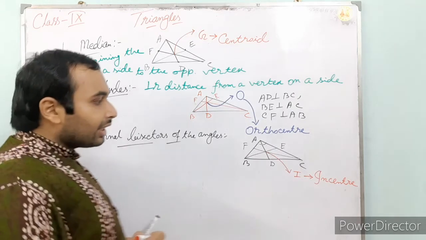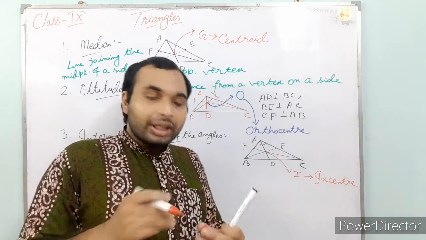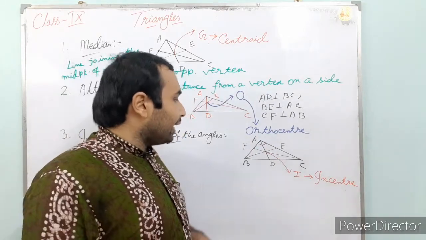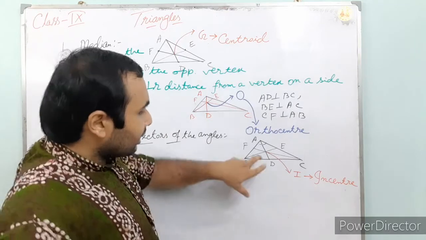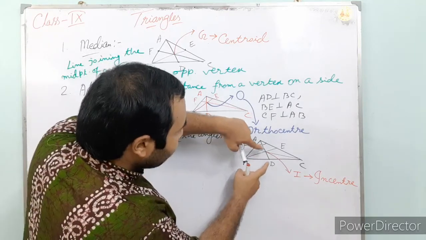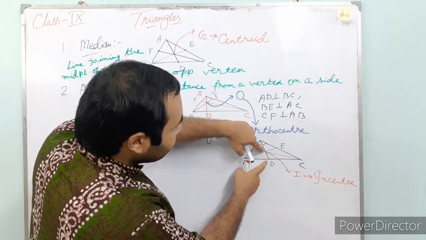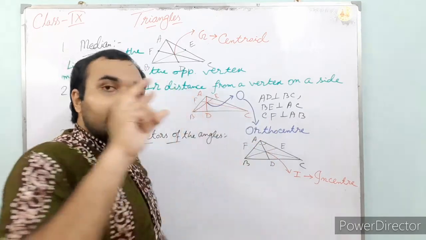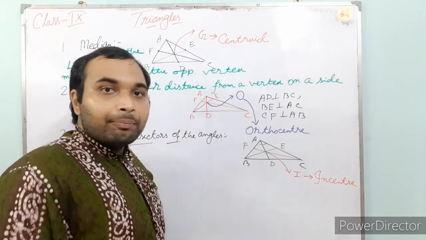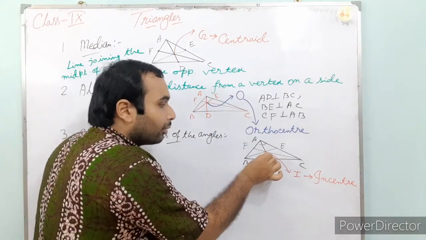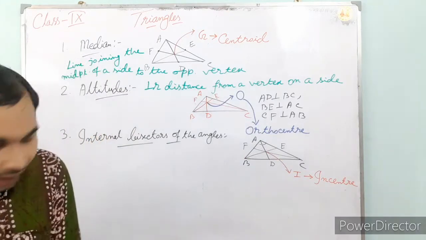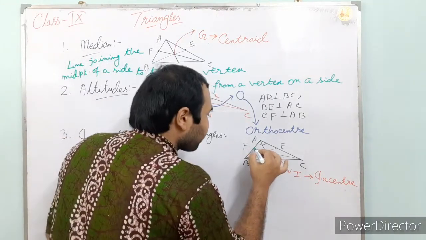Why is it the incentre? Because whenever you draw the angular bisectors here and then take the radius of this, that is ID or IE or IF, if you take that radius with your compass and put the pin of the compass here and draw a circle, then you will see the circle will come like that.